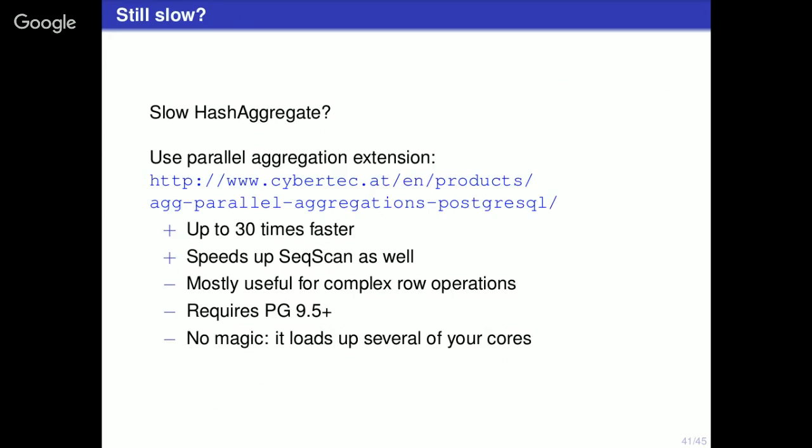It loads several of your CPU cores, and it is most useful for complex operations, like if you use case when or some other functions inside your sum or inside your max operator. It speeds up sequential scan as well.